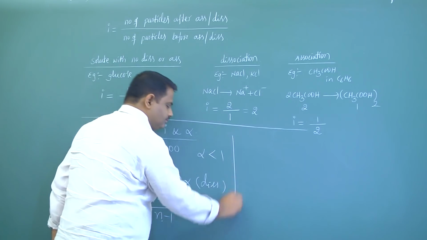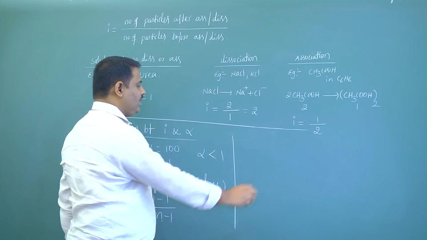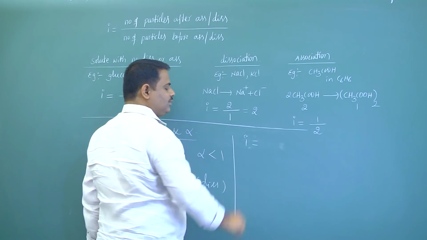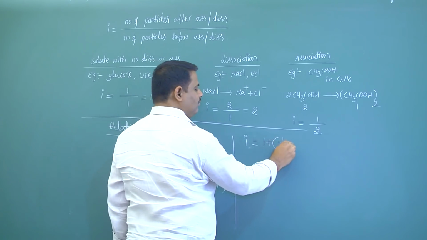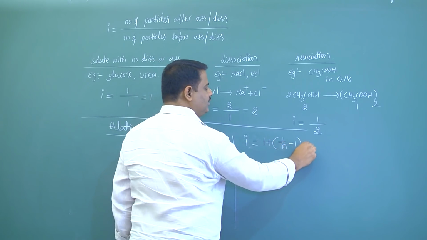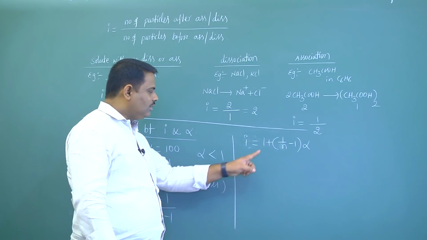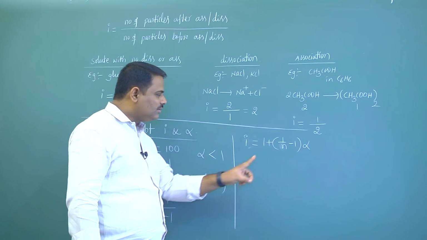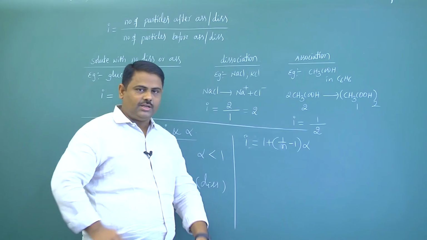Suppose for any given association, then what we have to do? i is equal to 1 plus (1 by n minus 1) into alpha. Here 1 by n, n is nothing but the number of particles associated.